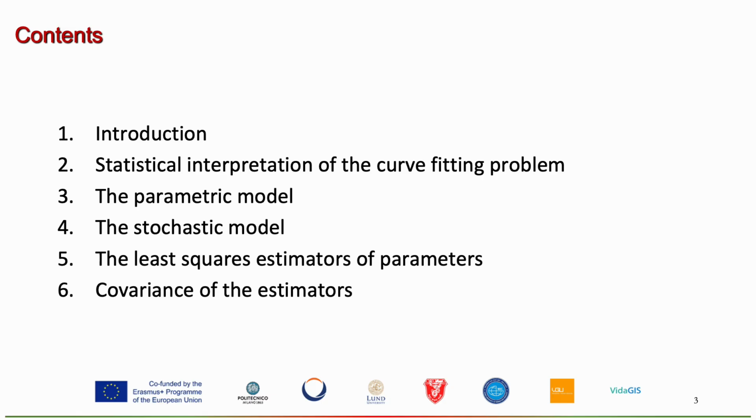I have to anticipate that we will not deal with the proofs of the final estimates. I will just present the final estimates. And then we will discuss the covariance of the estimators. And finally, we will discuss the problem of hypothesis testing applied to the least squares results.